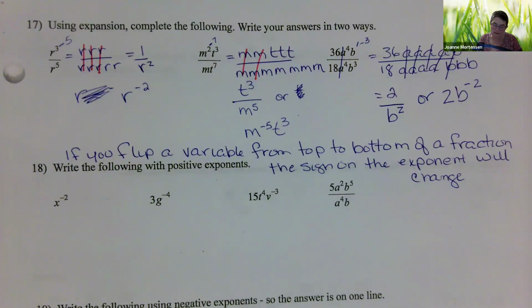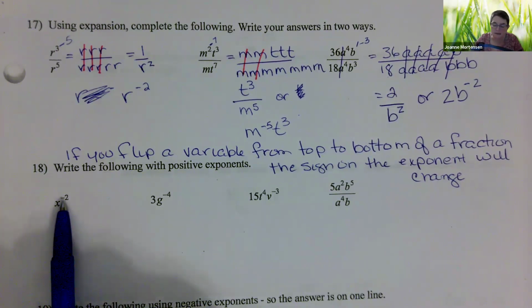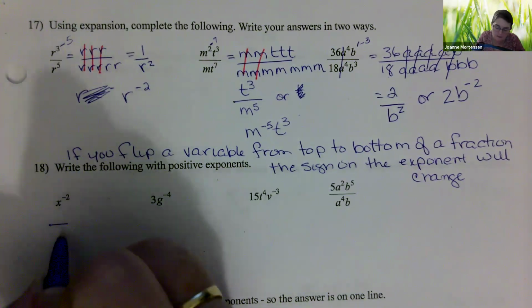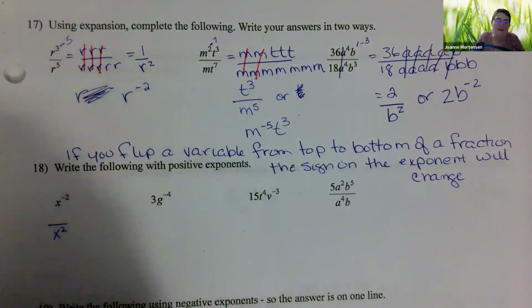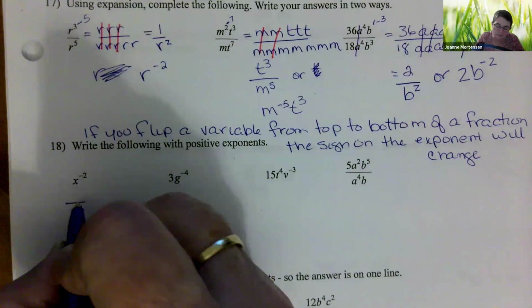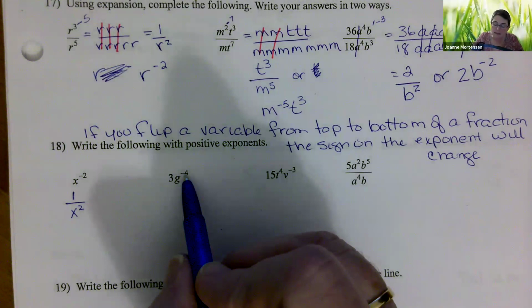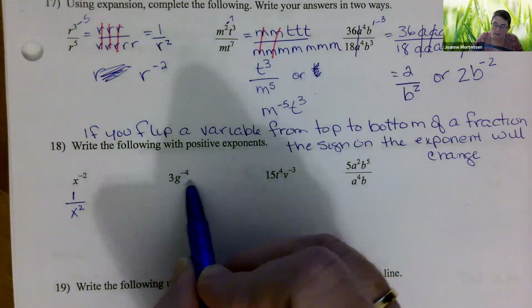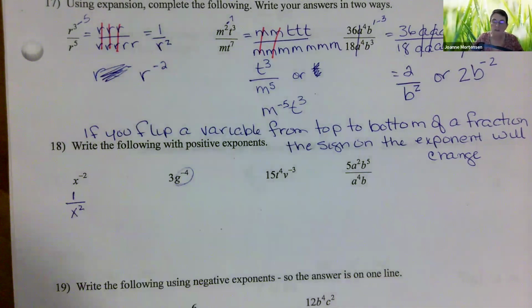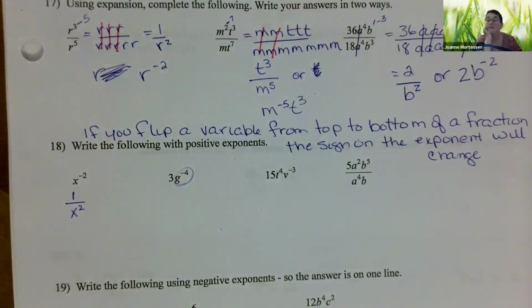All right. So this says write the following with positive exponents. So if it's negative up on top, that means it's going to be positive if I do that. And I can't just leave it like that. I need to put a 1 on top. Same thing. Now the next one, trying to get a little tricky with you, is this -4 only applies to the G. Oh, I should slow down.